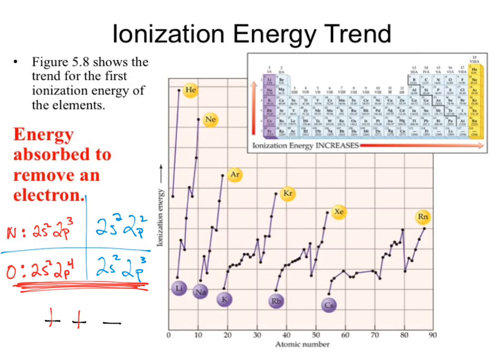Does it want to become less symmetric? What happens to its ionization energy? It should increase. What happens with oxygen? Oxygen loses an electron and it becomes more symmetrical. What does oxygen say? Hell yeah. What happens to its ionization energy? It goes down. There's the drop. That's what's happening.